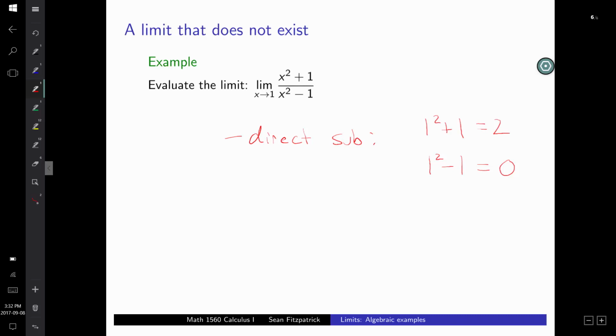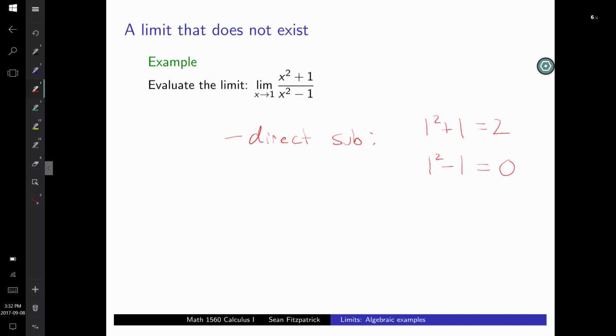So if we think about what happens as x is getting close to 1, the top is getting close to 2, and the bottom is getting closer and closer to 0. So we've got a number that's close to 2 being divided by successively smaller numbers. That means that the closer x gets to 1, the bigger this number is going to get. So we could maybe say something about the limit being infinite.